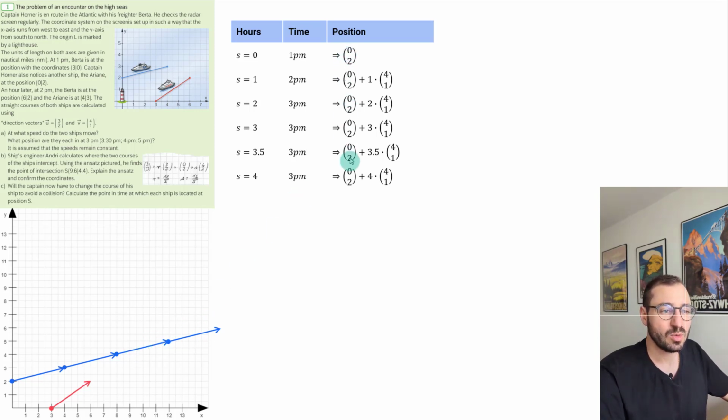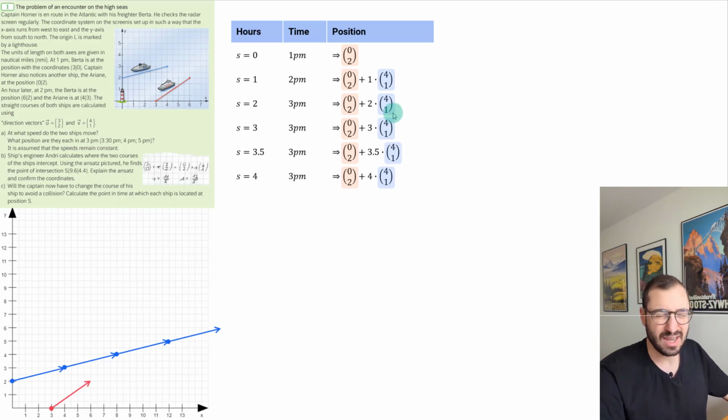And what always stays the same is the starting position. We always have the same starting position. And we also always have the same direction vector. But what changes are the numbers here in between. So those indicate how many hours have passed.